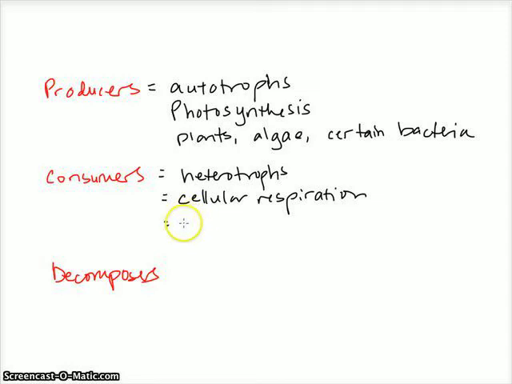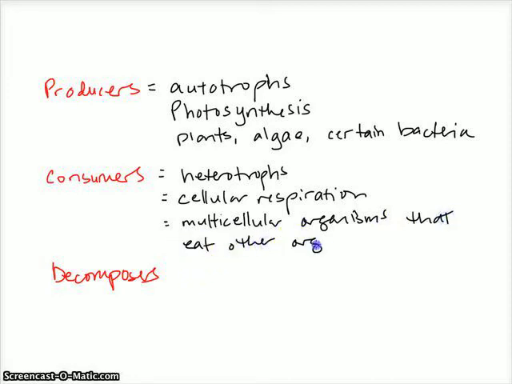And examples of consumers are essentially multicellular organisms that eat other organisms. Decomposers are also heterotrophs.